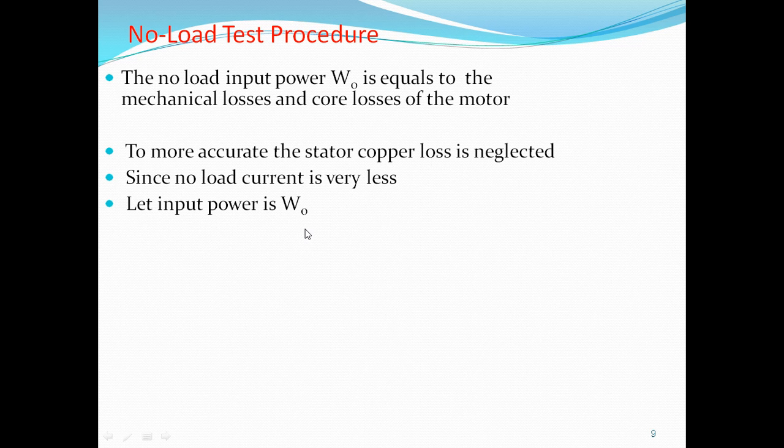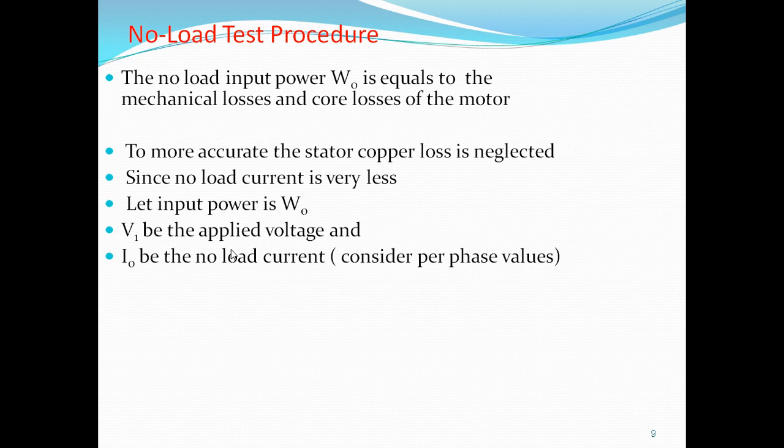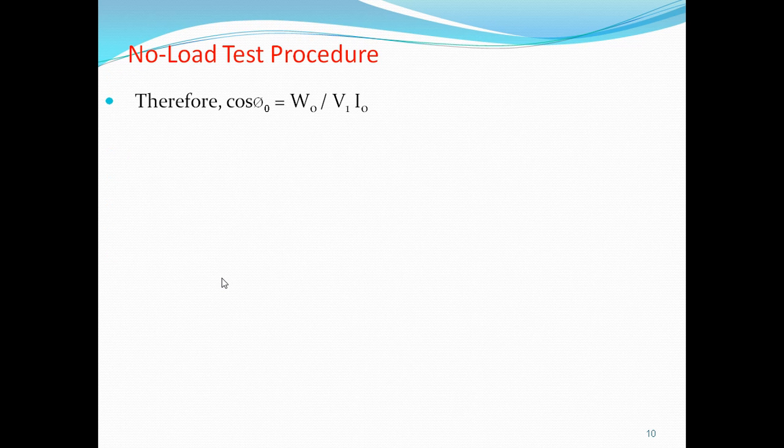So let the power input be W naught, V1 is the applied voltage and I naught is the no load current, and so the no load power factor cos phi naught is equal to W naught by V1 into I naught.